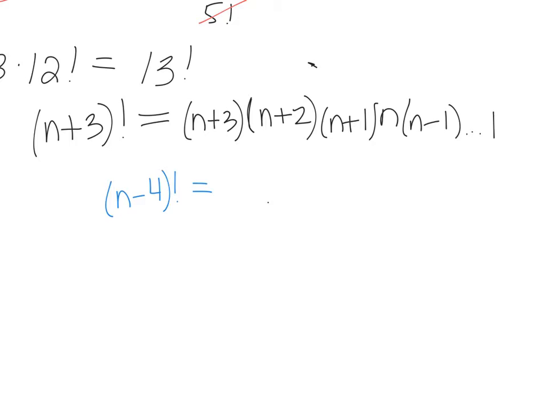Just like here it was n plus 3 in the top one, what would it be with n minus 4 factorial? N minus 4. Okay, then what would the next one be? Would it be n minus 3? It is n minus 5.